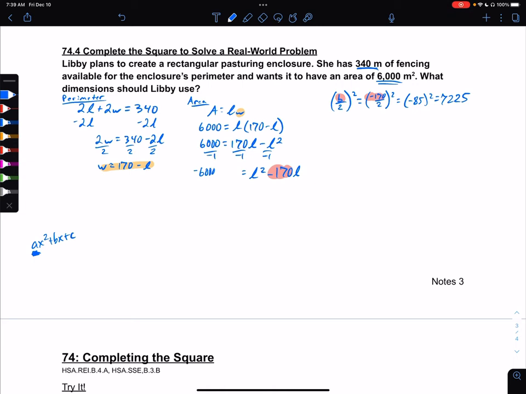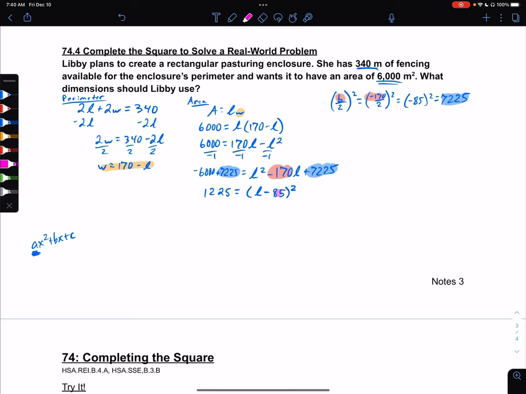That 7,225 is going to get added to both sides. When we clean this up, you get 1,225 is equal to, if we factor this, L minus 85 squared.